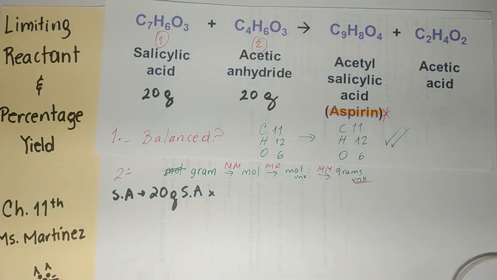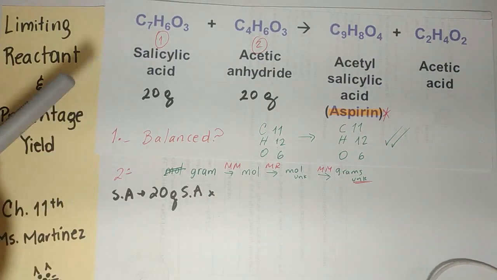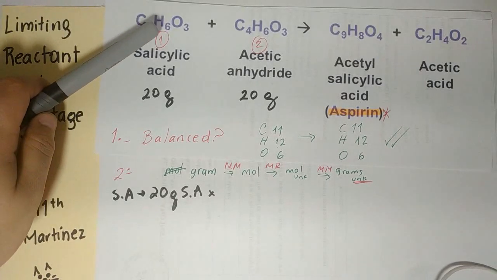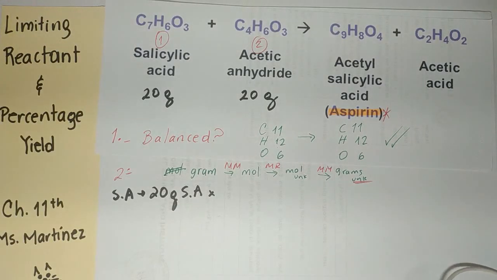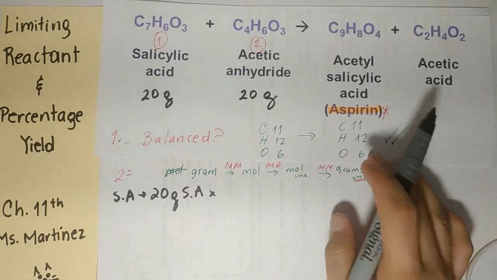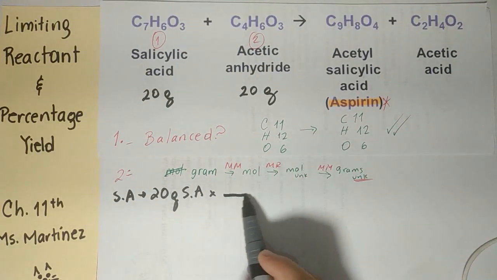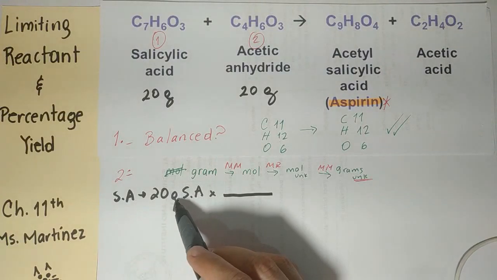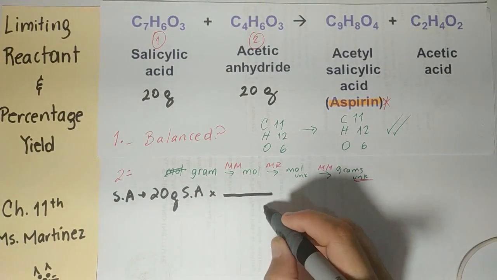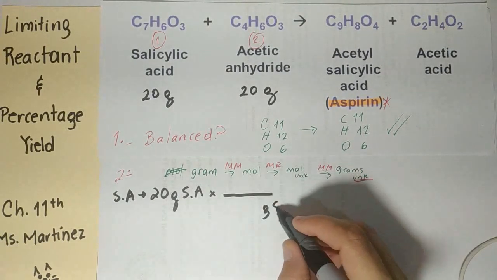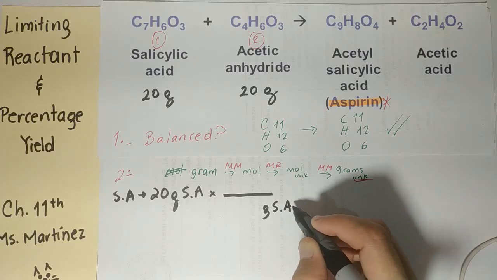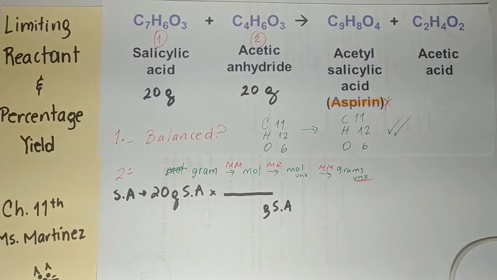20 grams of salicylic acid. Now, salicylic acid is made of 7 carbon, 6 hydrogen, and 3 oxygen. So you already know how to calculate the molar mass. And we say grams on the top, so you're going to write the grams on the bottom. Grams of what? Of the salicylic acid.